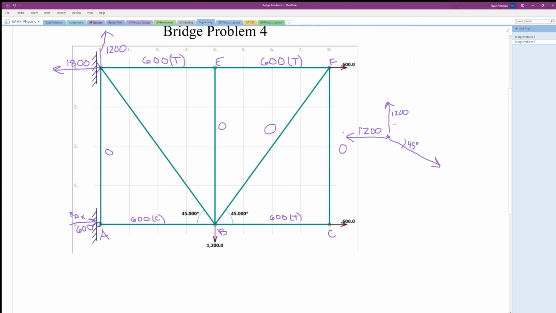So we've got 1200 up and 1200 left, which means we need 1200 down right here and 1200 right here, which makes this hypotenuse must be 1200 root 2. So that's exactly what this is, 1200 times the square root of 2, and it is pulling down into the right, which makes it a tension.